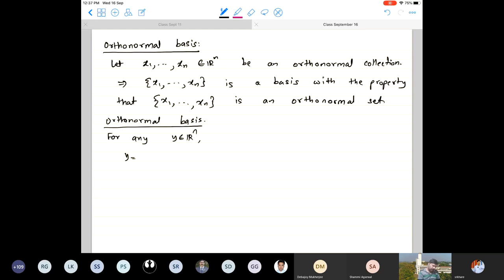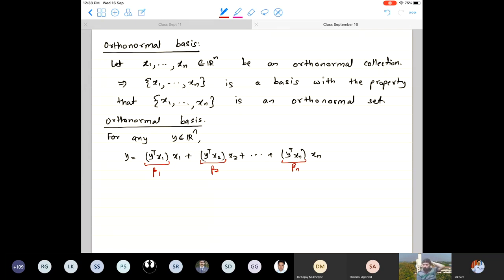This vector y is y transpose x1 into x1, plus y transpose x2 into x2, and so on, plus y transpose xn into xn. So this y transpose x1 is like your beta 1, this is like your beta 2, this is like your beta n. And that's very easy.